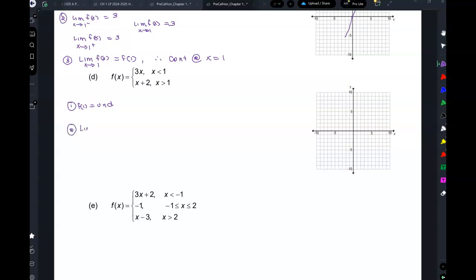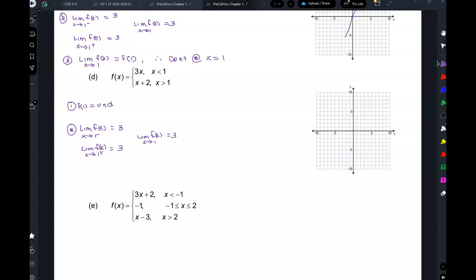Limit of f of x as x approaches 1, 3. Limit of f of x as x approaches 1 from the negative side and from the positive side. They're both 3. So the limit of f of x as x approaches 1 is actually 3.